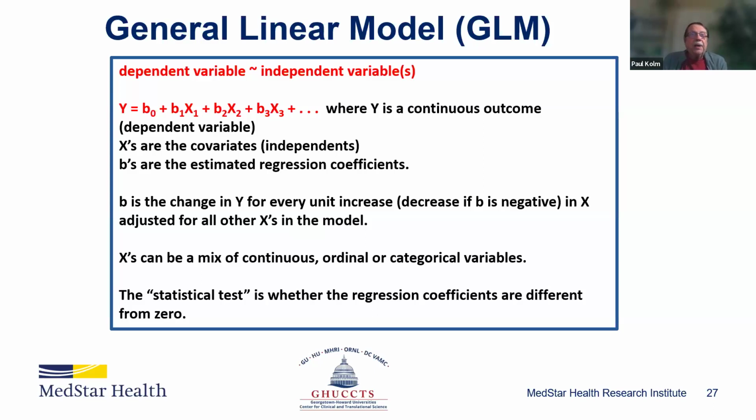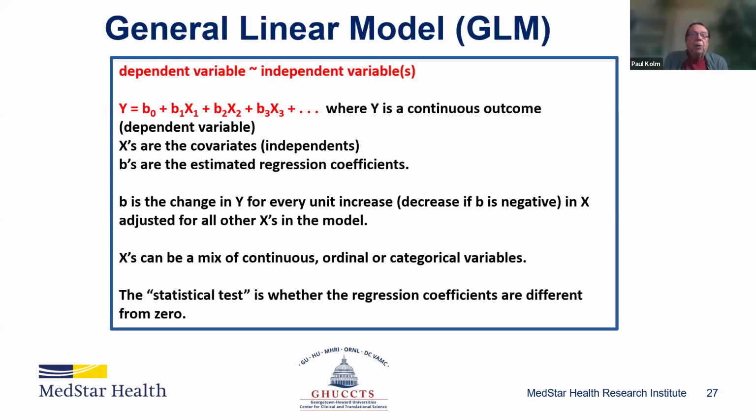And then in our regression equation, the x's represent the independent variables, or what we call the covariates, and the b's, or the betas if we use the Greek notation, are the estimated regression coefficients. And so the b's, or the betas, are the change in y for every unit increase in x, or decrease if the coefficient is negative.